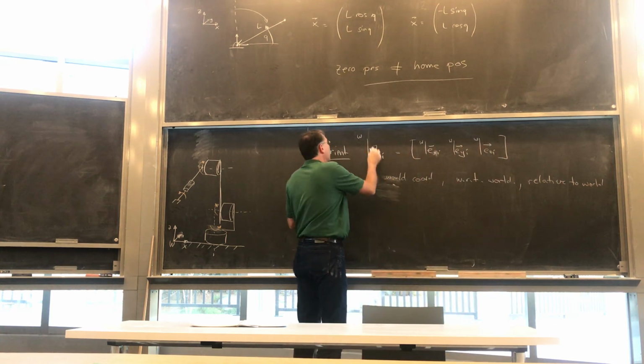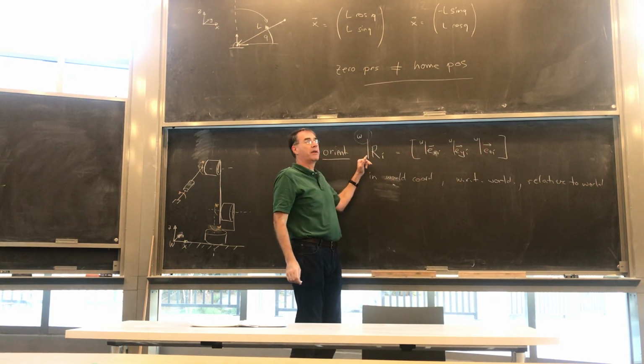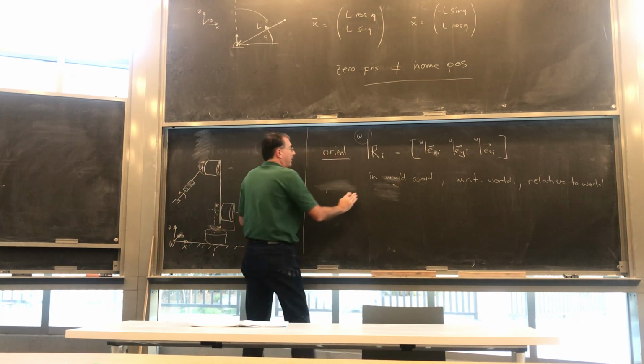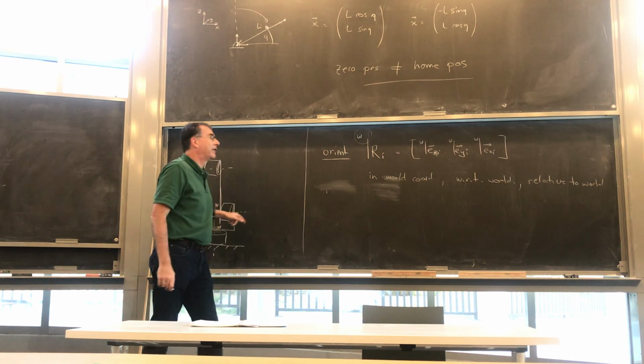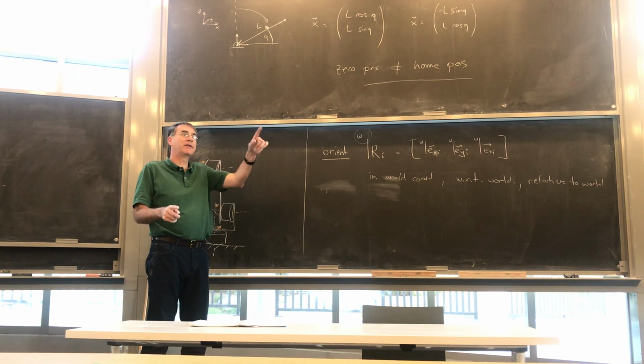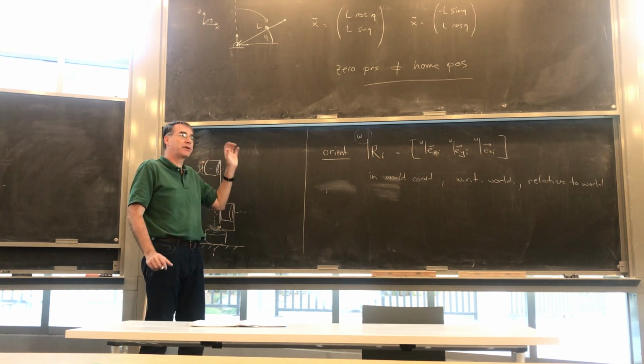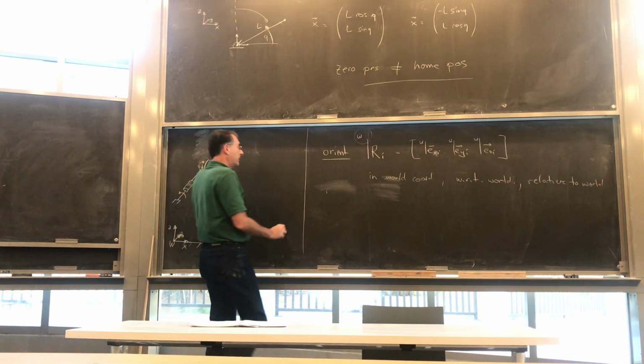But I'm going to try to be good and actually note it, and I'm going to put it in the top left. Be kind of particular about this, especially for today as I'm going through the algorithm, because this is going to be relative to that, and that's going to be relative to this, and if you're not careful, you get lost, so I'm just going to be really overly picky.